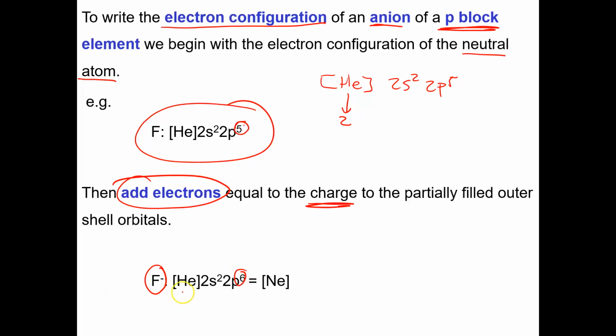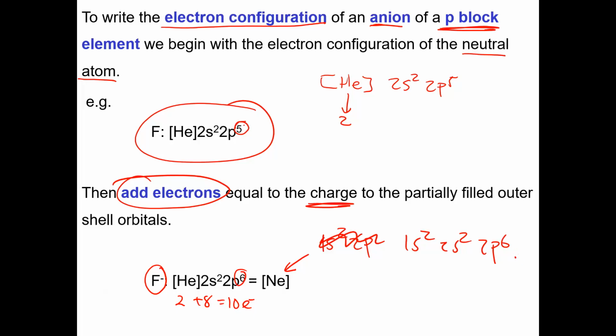Now, 2 electrons plus 8 electrons gives us 10 electrons, so these are in the neon configuration: 1s2, 2s2, 2p6.